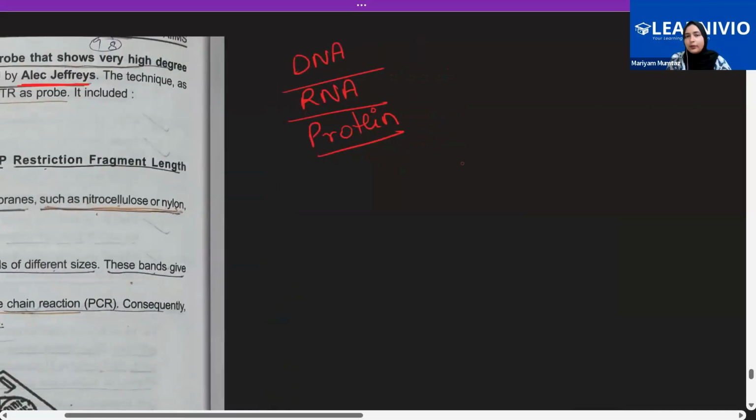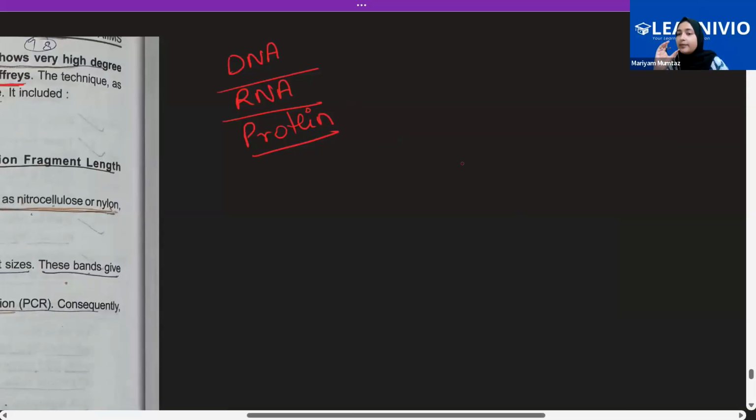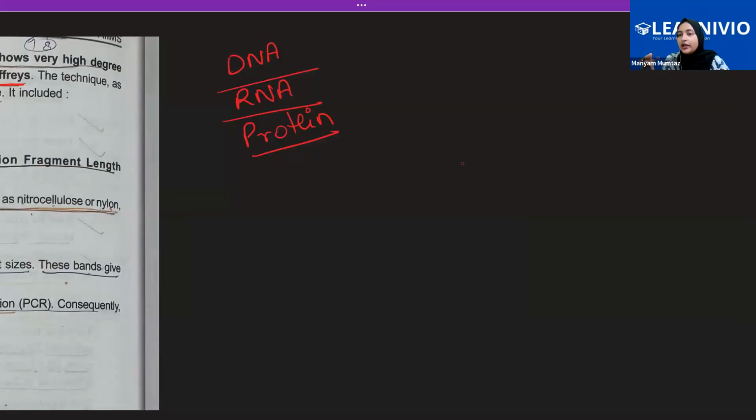Basically, when you want to transfer them, you need different blotting techniques. Just like the oil blotting sheets that people use on their face to pick up the oil, in the same way, there is a membrane onto which you can take the DNA or protein, if you imagine it like that.